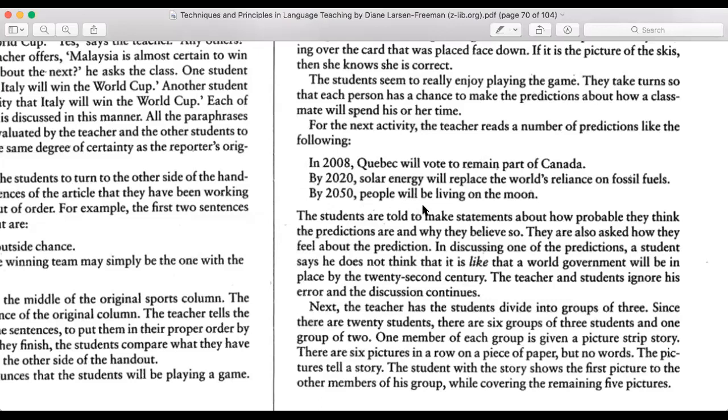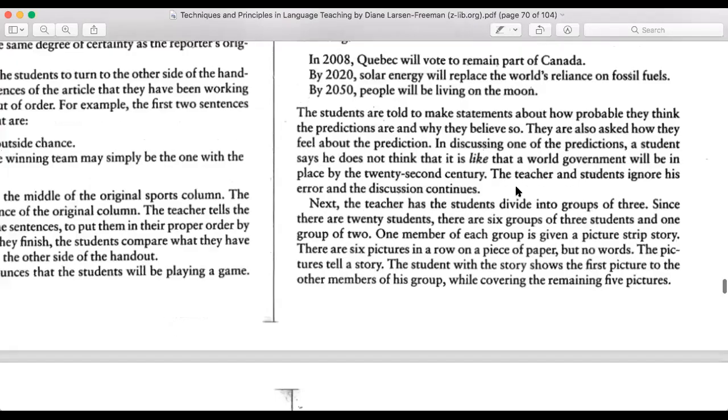Now what you need to remember here is that the teacher and students ignore the errors and the discussion continues. So if a student makes an error, for instance here, he does not think that world government will be in place by the 22nd century.